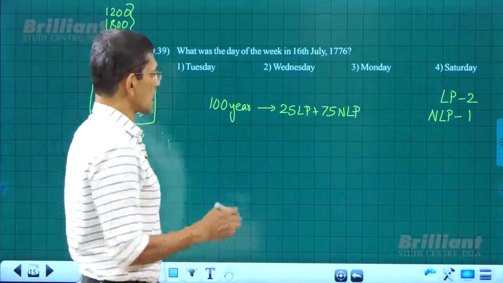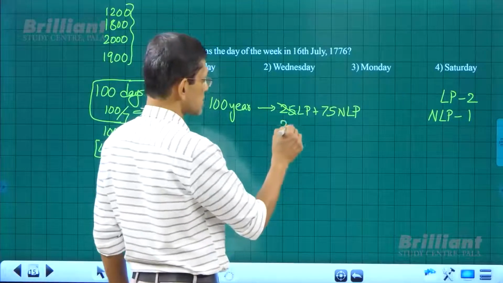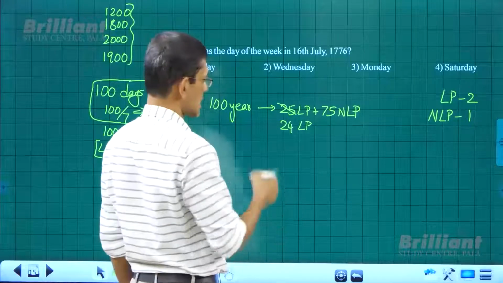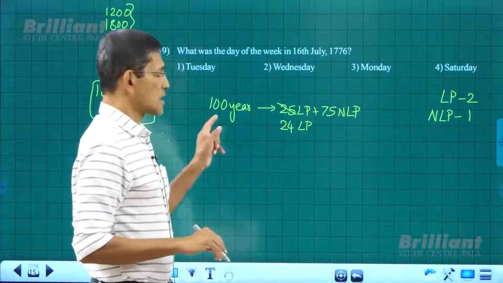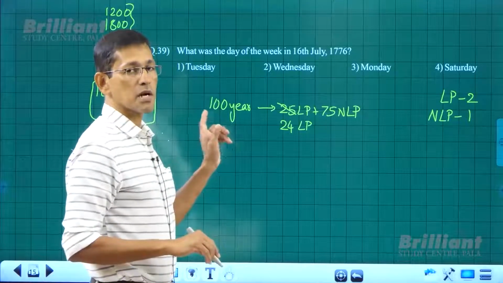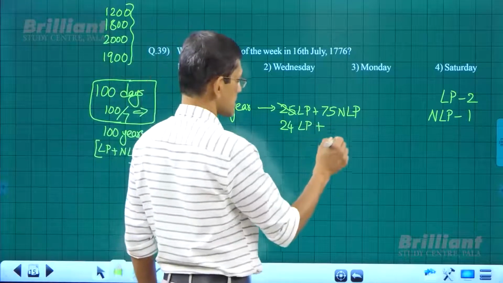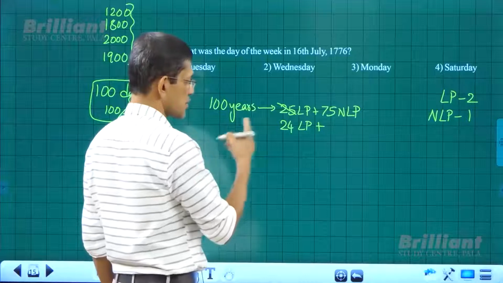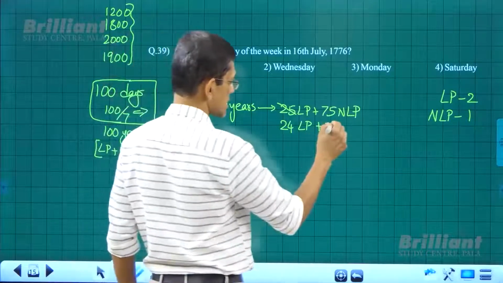So this is not really 25 leap years, it's 24 leap years. 100 is a multiple of 4, but it's not a multiple of 400. If it's a century year, it must be a multiple of 400 to be a leap year. So 24 leap years. Total is 100 years, that doesn't change. So if it is 24 leap years, the balance must be 76 non-leap years.